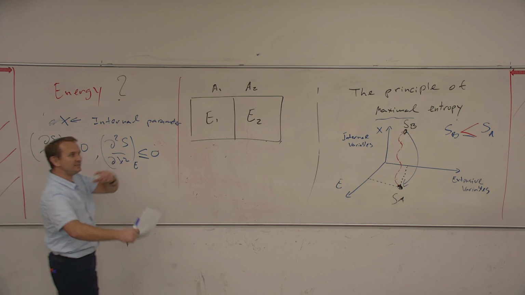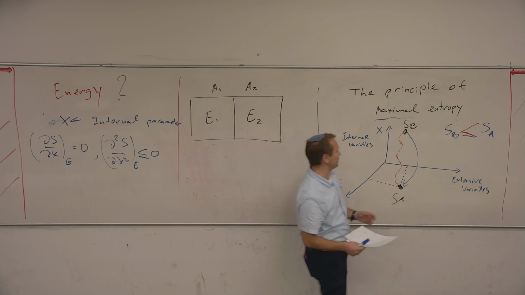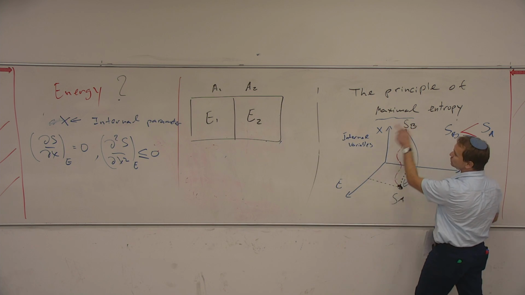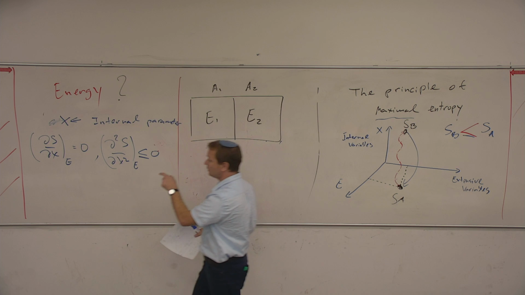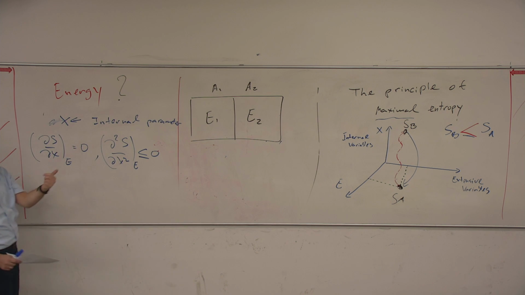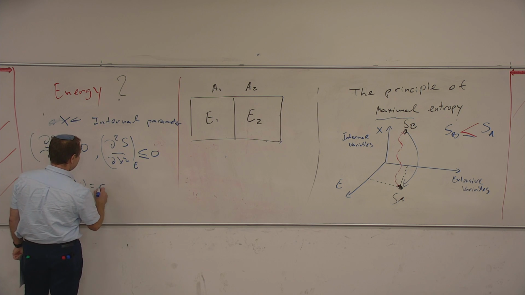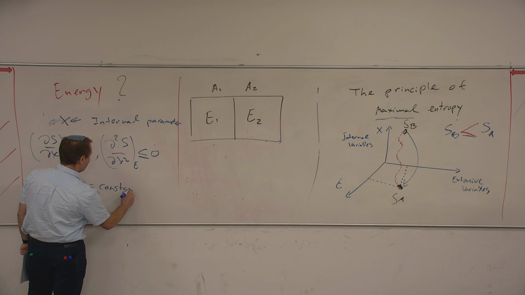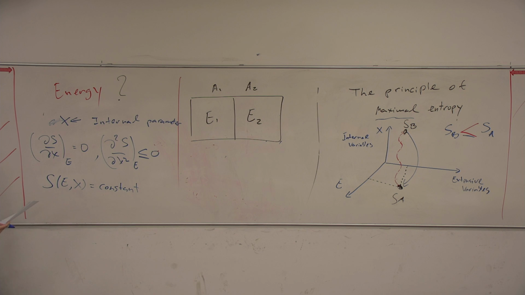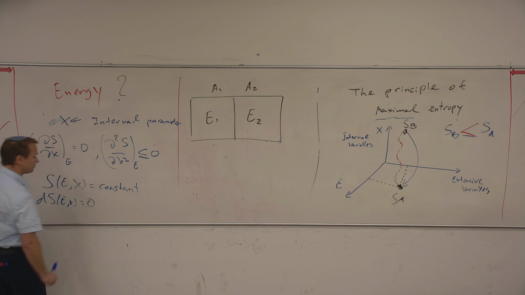Now we are basically changing variables. Instead of looking at entropy, we're looking at energy. Beforehand energy was constant, now entropy is constant, so we know that S as a function of E and x is constant. So dS in x equals 0, right?